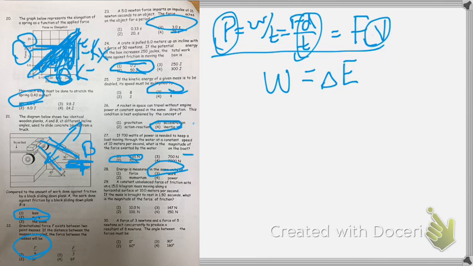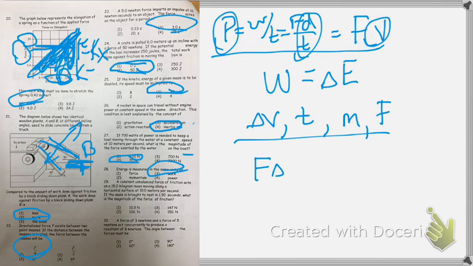A constant unbalanced force of friction acts on a 15 kilogram mass moving along a horizontal surface at 10 meters per second. If it's brought to rest in 1.5 seconds, what is the magnitude of the force of friction? So anytime you have change in velocity and time, mass, and you want to know the force, just writing it out, I hope you see that you want to do MAVFAT.